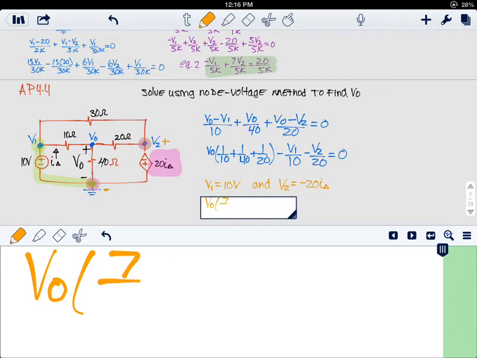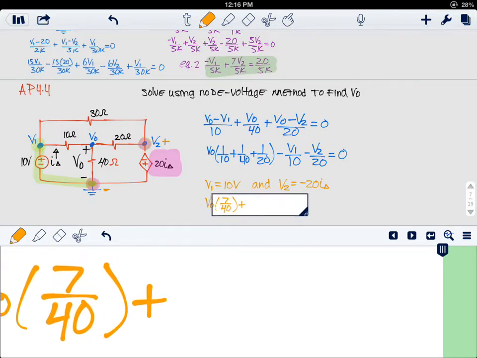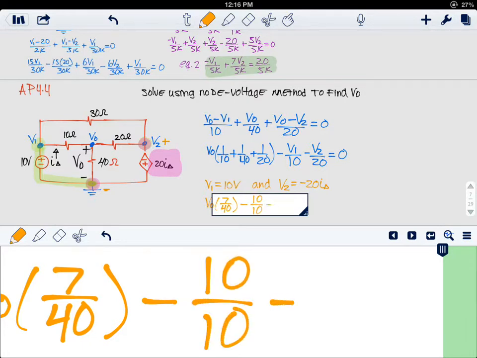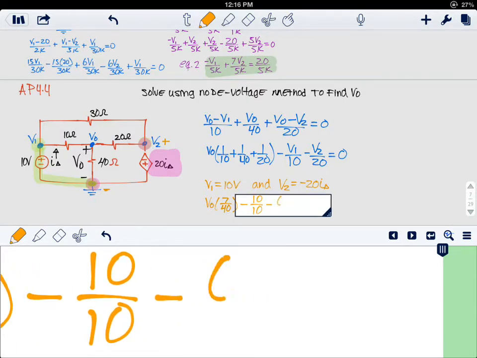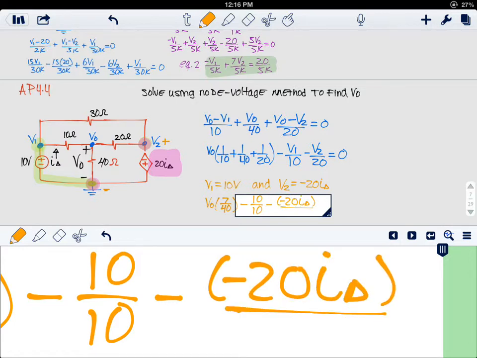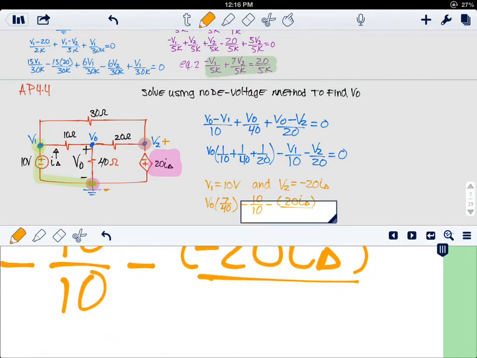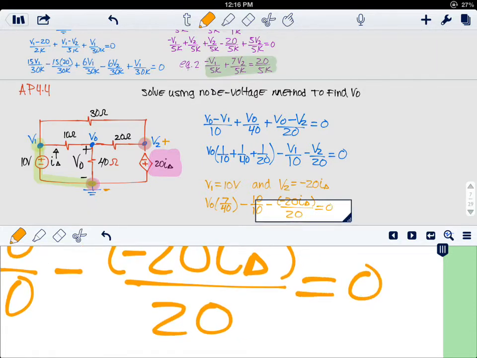We have 7 over 40 VO plus V1, which we know is 10, over 10, minus negative 20 I delta over 20 equals 0.